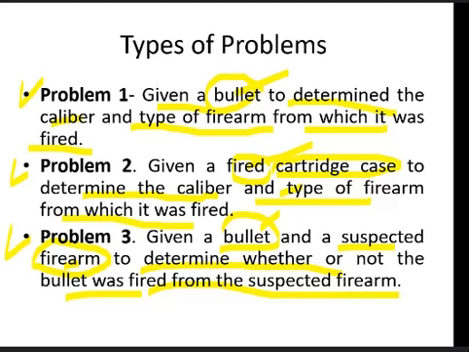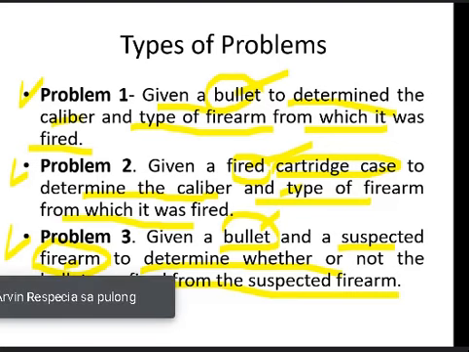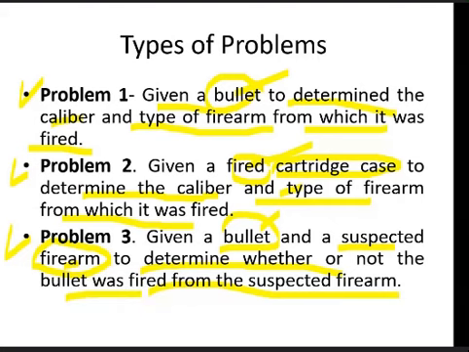Okay, so there are bullets, a cartridge, a slug recovered, and a suspected firearm confiscated by the CIDG. What the examiner will do is fire the suspected firearm into the bullet recovery box, and right after, he will have a comparison of the bullets, basically to determine whether or not that bullet was fired from the suspected firearm.